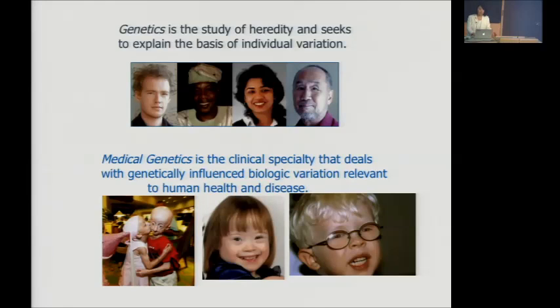At the bottom of this slide, I have 3 examples. The 2 children on the left have a childhood form of premature aging called Hutchinson-Gilford syndrome. The little girl in the middle has trisomy 21 or Down syndrome due to the addition of an extra chromosome number 21. And this little boy has oculocutaneous albinism, which is an autosomal recessive condition of pigmentation.